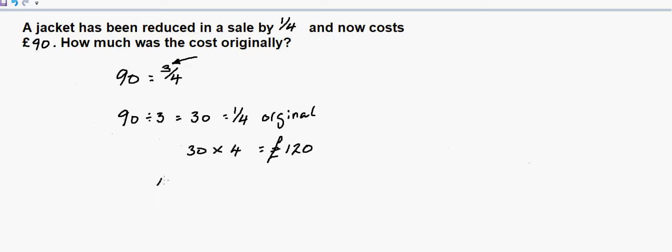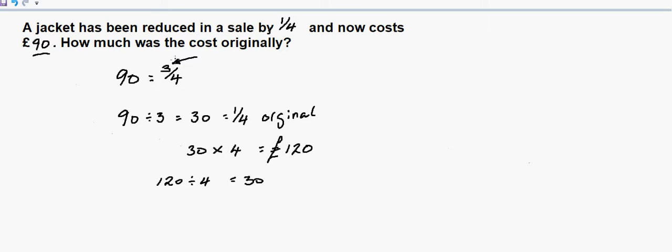So 120 divided by 4 gives me 30. So that's the reduction. So 120 take away the £30 reduction does give me the £90. Okay, so this always works.